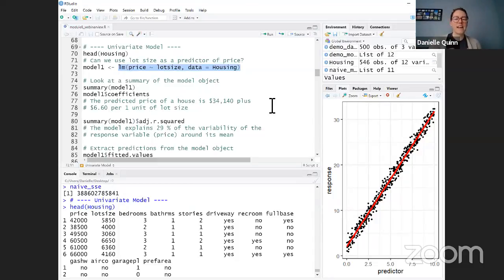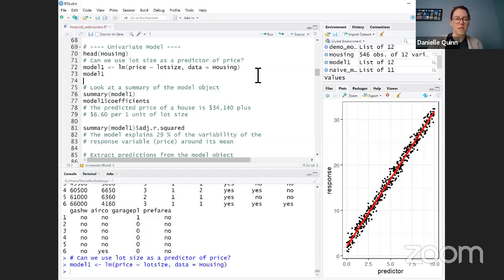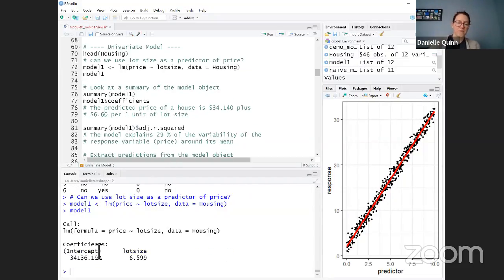So here we're going to run a linear model. The formula we give it says we want to predict price based on our predictor lot size, and that data is found in the housing data frame. We can run that and look at the object, and it says, here are the coefficients.